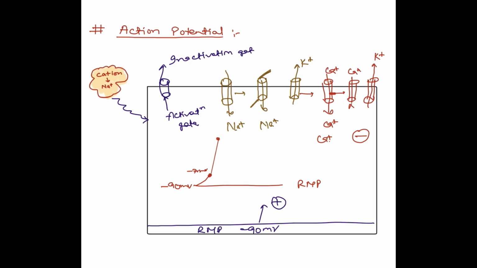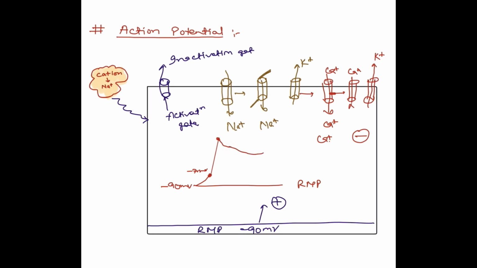So when the calcium channel opens, more and more electropositivity comes inside the cell, so there is a negative deflection. At one time the calcium influx and potassium efflux become equal, and then there is a plateau phase.